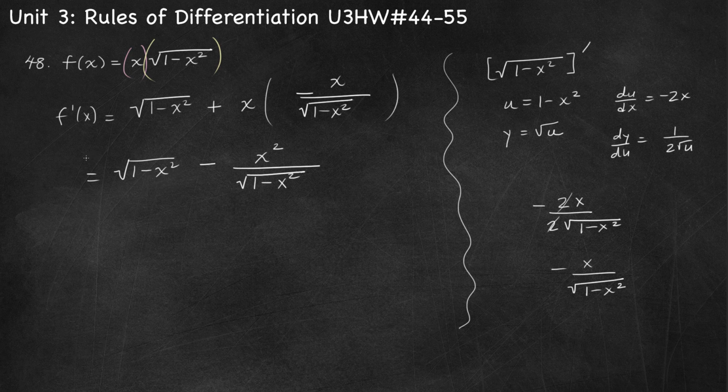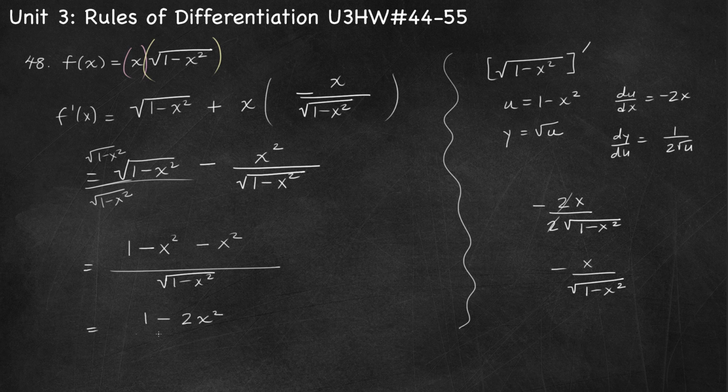I would multiply it by the square root of 1 minus x squared over the square root of 1 minus x squared. So I'd have 1 minus x squared minus x squared over the square root of 1 minus x squared. And then combining like terms on top, I'd have 1 minus 2x squared over the square root of 1 minus x squared.